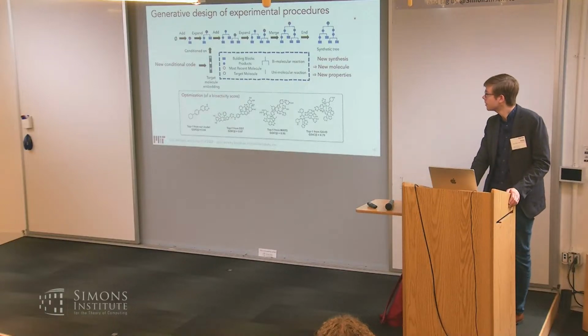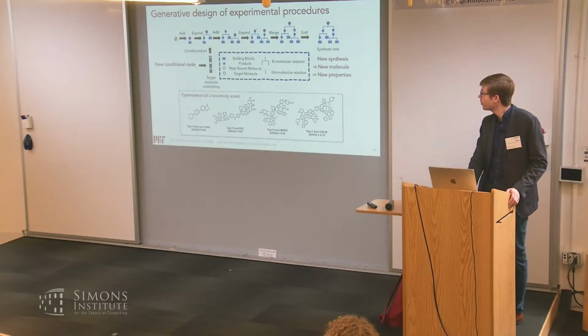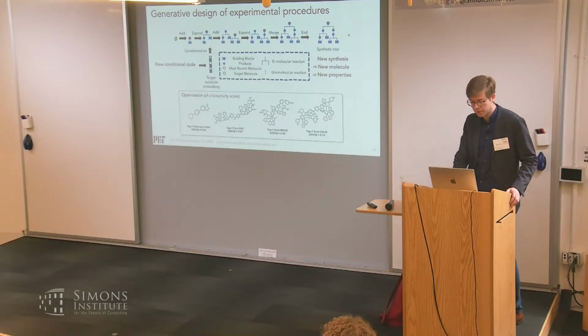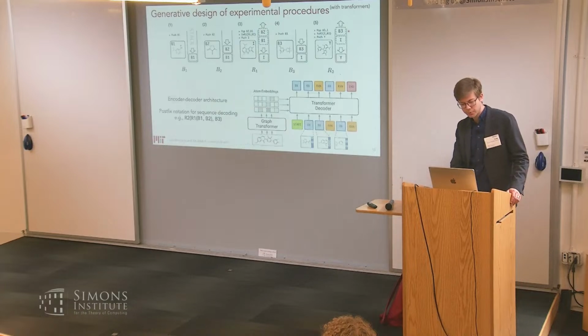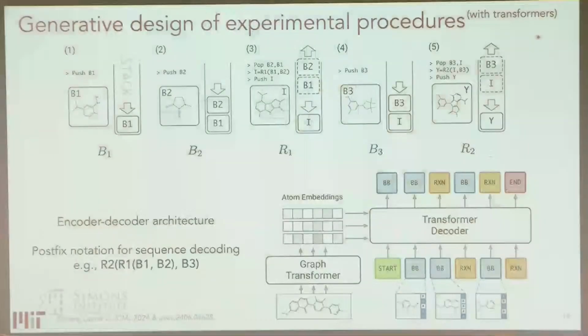So this model was again thinking in terms of reaction generation. It's a bottom-up tree generator. It's a policy network making a series of decisions. Of course you can replace the whole thing with a transformer if you find a good way to tokenize and linearize your reaction pathway. So we use a postfix notation for synthetic process.